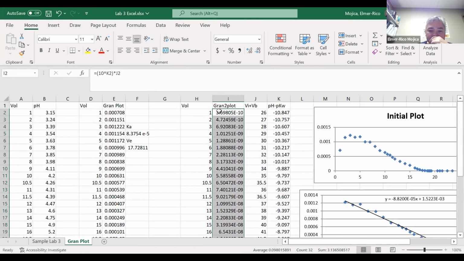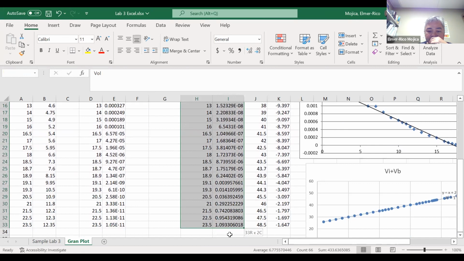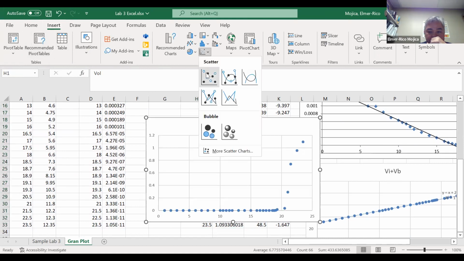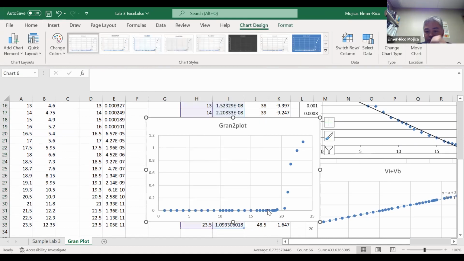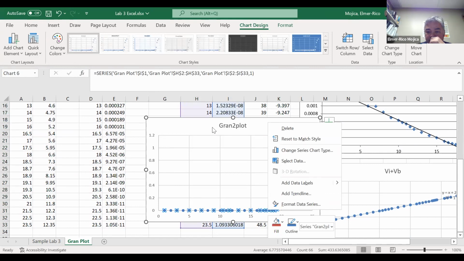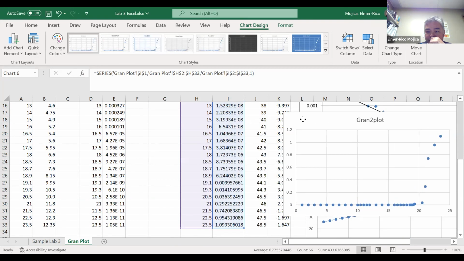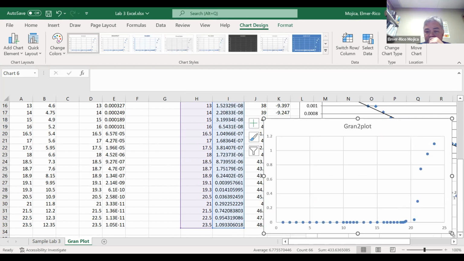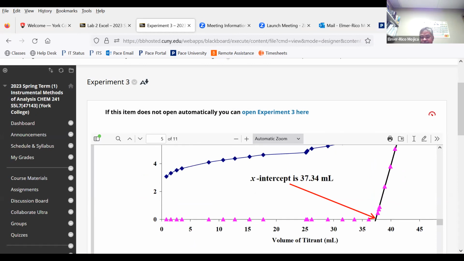Now, if we plot here the Gran 2 plot, as you can see, this is the plot that you have. This is similar to the one shown in the experiment, which is this. See that?